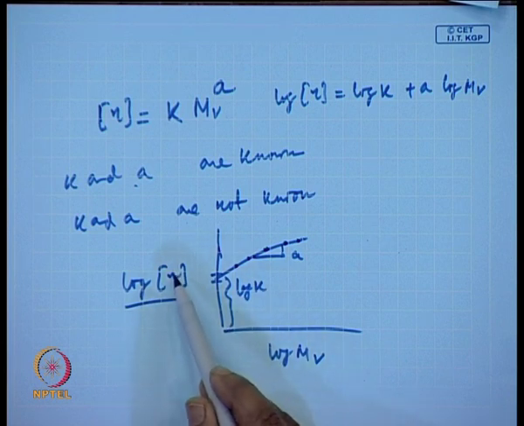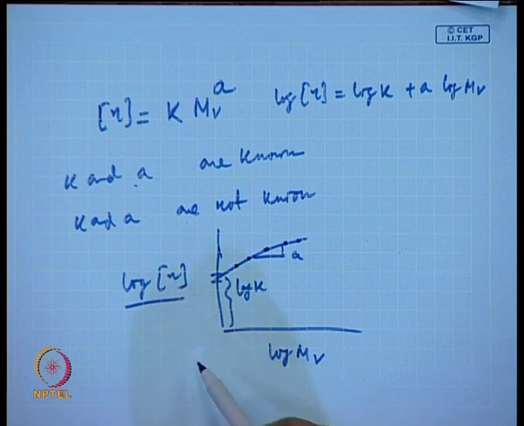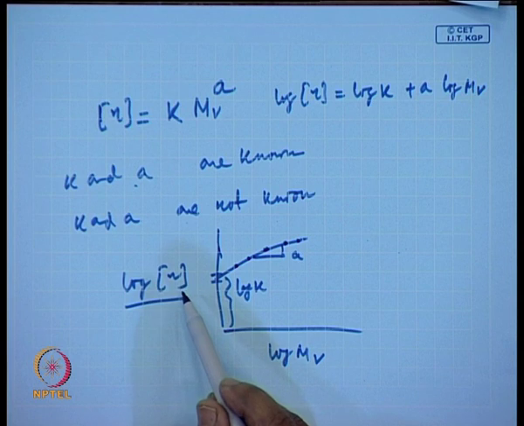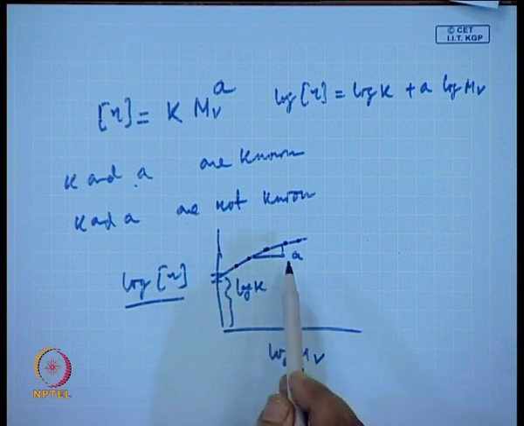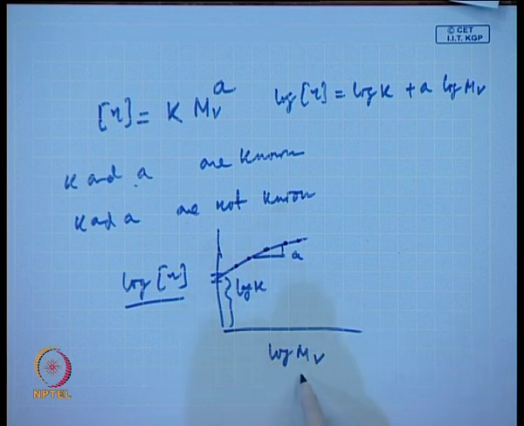You do the experiment, take 5 to 10 samples, make dilute solutions from them, determine the intrinsic viscosity, and plot this to get log K and a. Now, the question is that you need to plot log M_v, and that is what you need to determine.